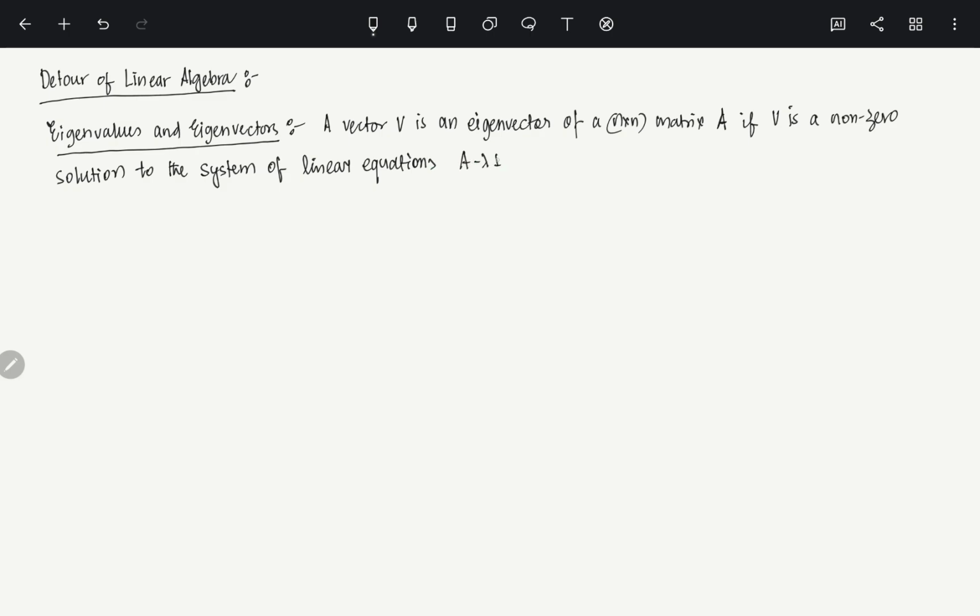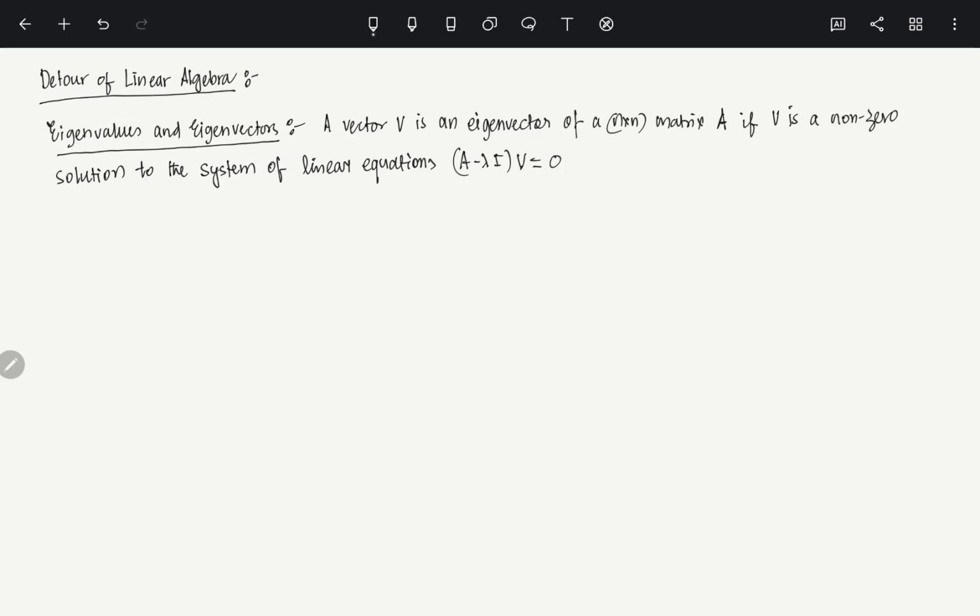A minus lambda I times V is equal to 0. See, if V is equal to 0, of course A minus lambda I times V is equal to 0 for all lambda, right? But the thing is, we are looking for a non-trivial solution of this system.